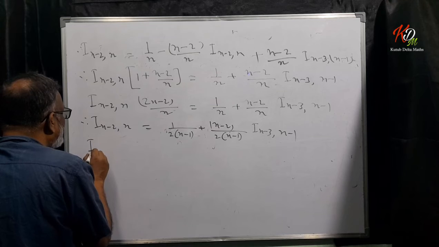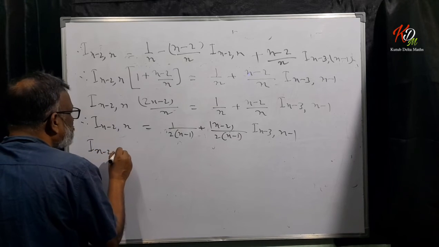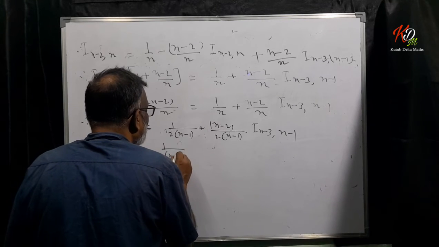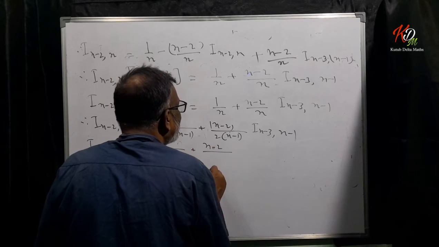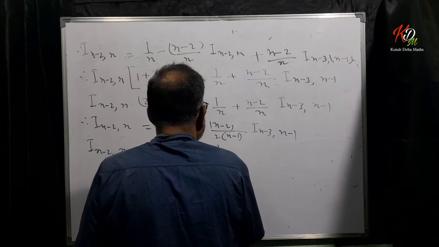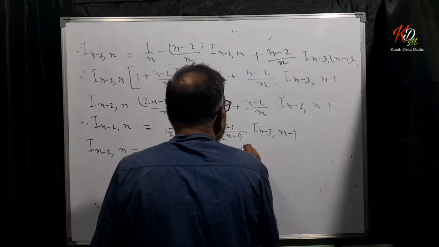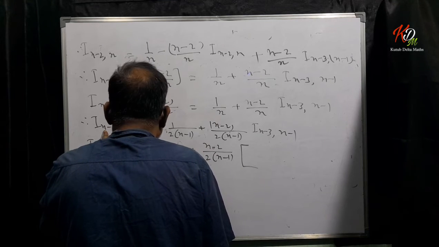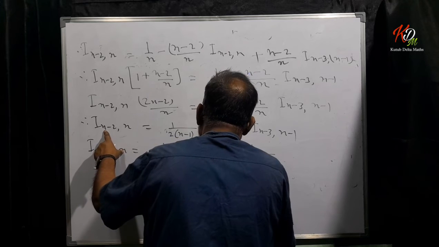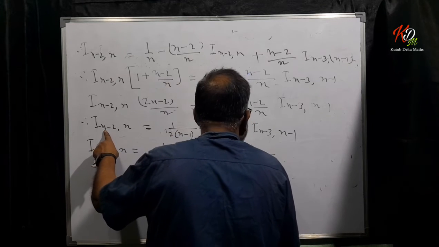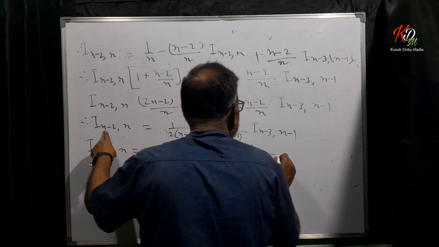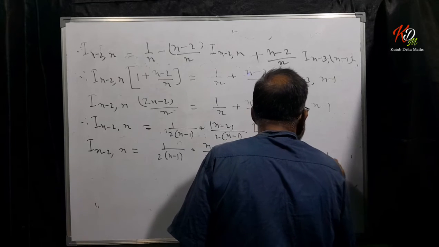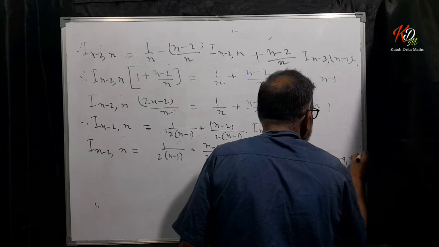Similarly, I n minus 3, n minus 1, and I n minus 2, n, that means 1 by 2 n minus 1, plus n minus 2 by 2 n minus 1, I n minus 3, n minus 1, replacing n by n minus 1: 1 by 2 n minus 1 minus 1, n minus 3 by 2 n minus 2, I n minus 4, n minus 2.